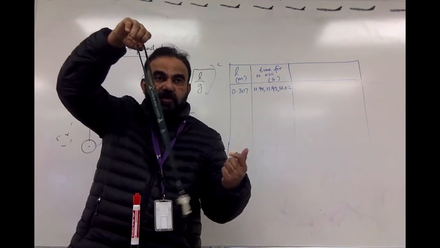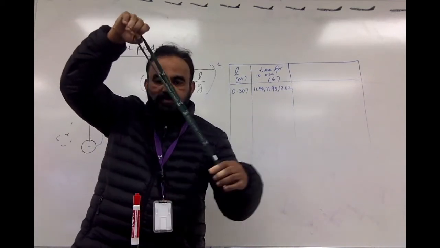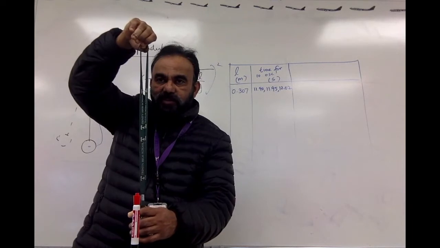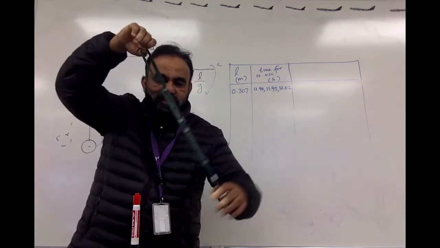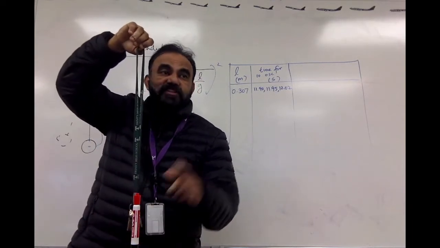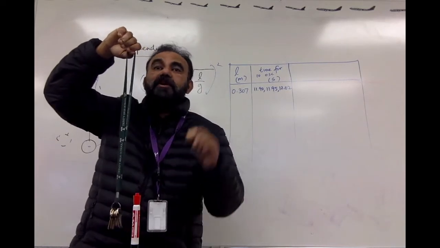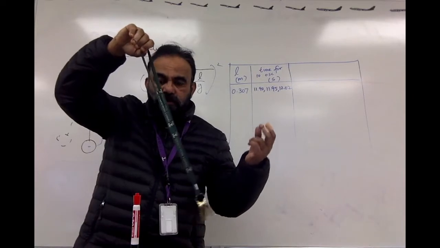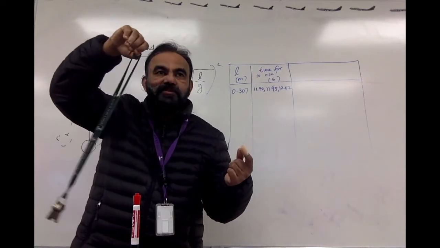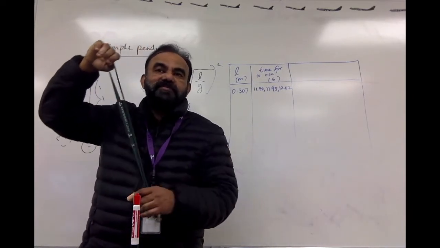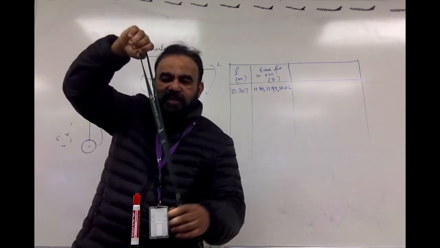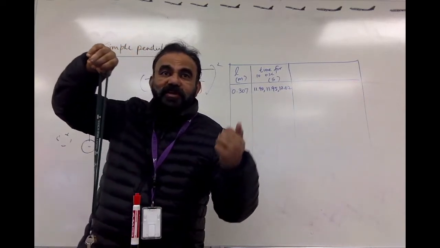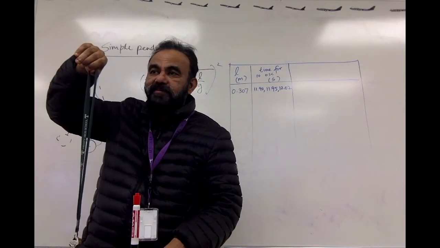Look at me doing the timing. If I start the stopwatch, I'm starting it at this point. Then it goes and comes back, and that's when it finishes one oscillation. But often I see students timing like this: they start the stopwatch by calling out 1, 2, 3. What is the mistake there? They call 1 when they start the stopwatch, when it has not even done an oscillation yet.